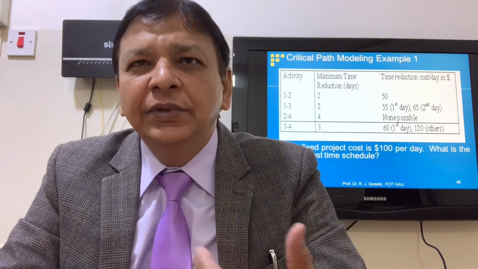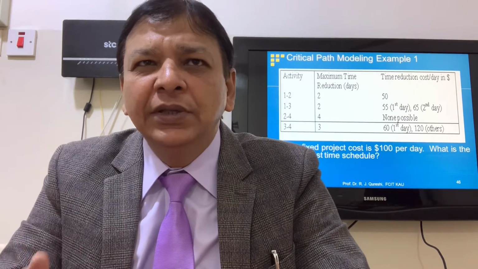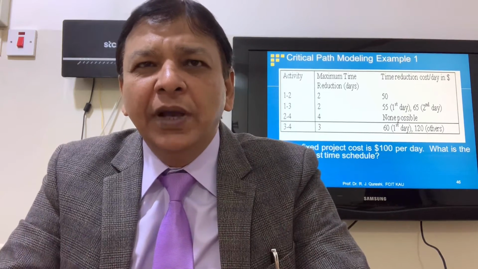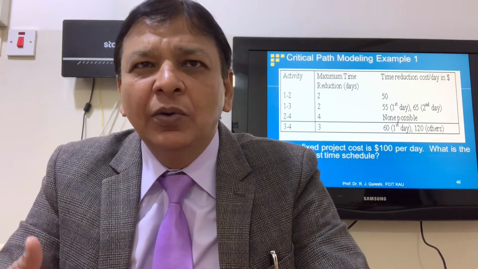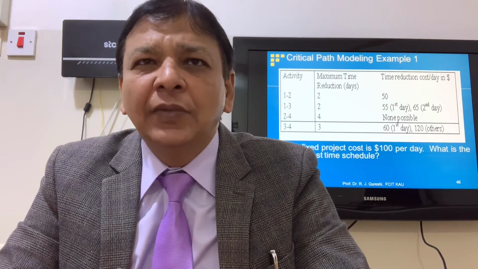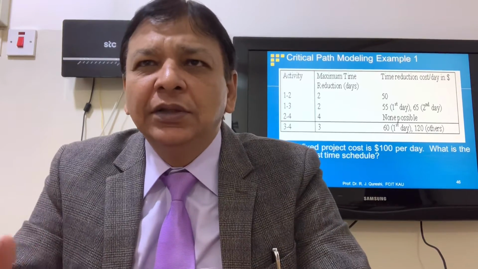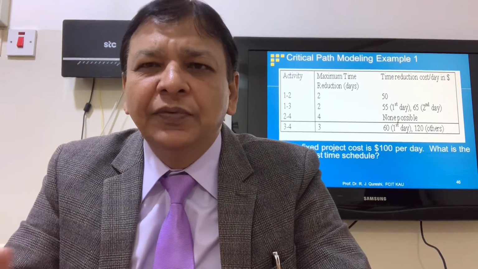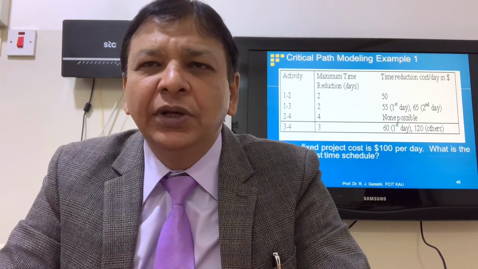We have this table. From this table we can see the activities, the maximum time reduction, that is how many days an activity can be reduced, and the time reduction cost in terms of overtime or extra money we need to spend.